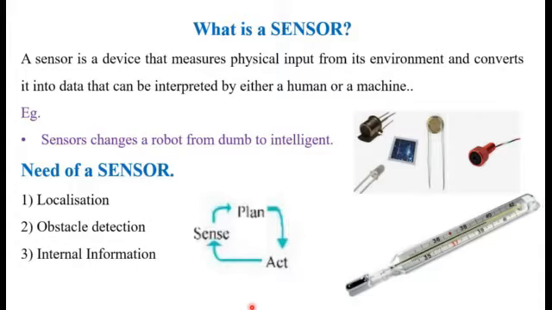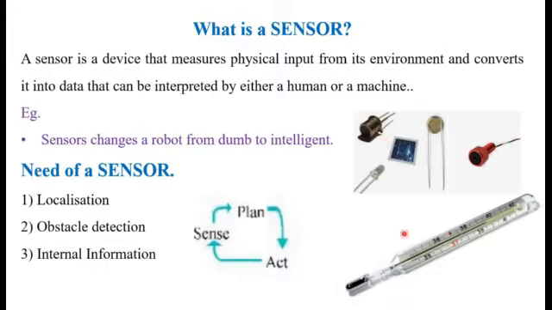Most of the sensors are electronic sensors. The data is converted into electronic data in most sensors, but sometimes some simple sensors are also available, such as the glass thermometer we can see here. So these are some of the electronic sensors which sense the input data from the environment and convert it into electronic signals.